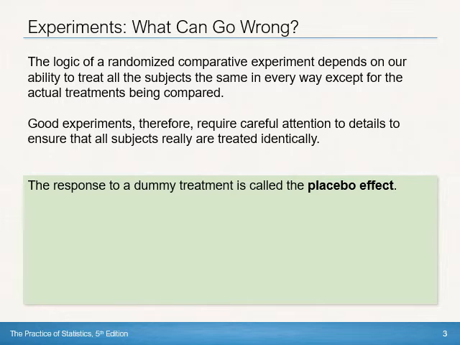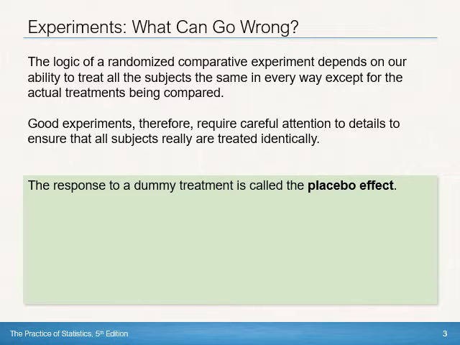In other words, if I'm doing an experiment on headache medicine, and one group is getting the new improved pill, the other group would be getting an identical looking pill, but it's a fake pill. It's like a sugar pill. So it has no actual active ingredients in it, but we need to make sure that we're controlling for what's called the placebo effect.